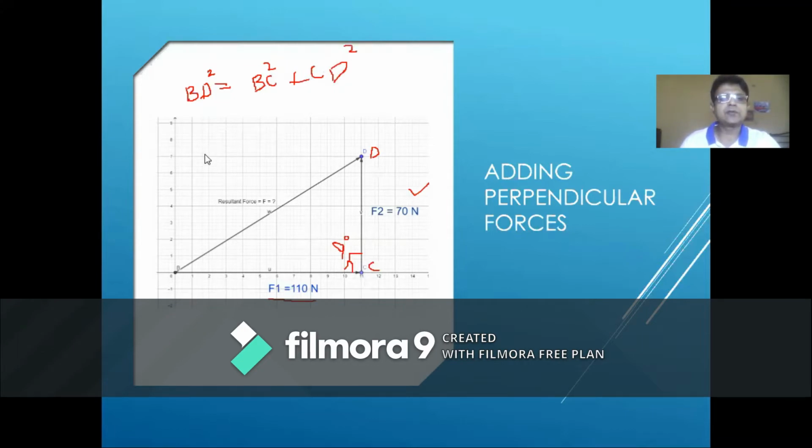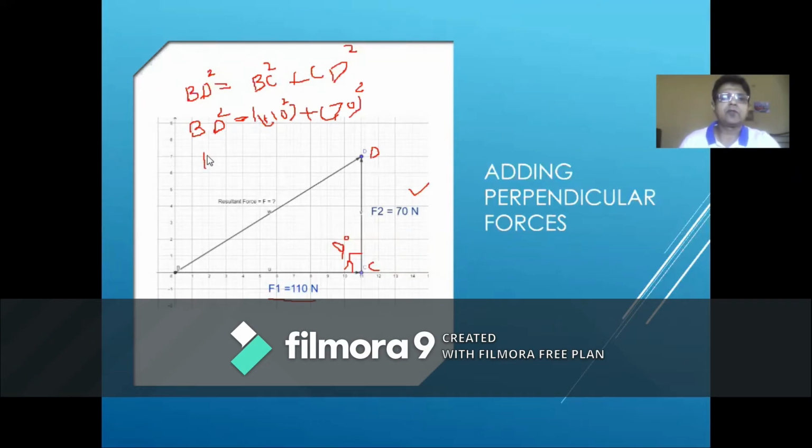Now putting in values, BD we have to find. BD square equals the value of BC, which is 110, so I'm taking 110 square, plus F2, which is CD, that is 70 Newton, so 70 Newton square.